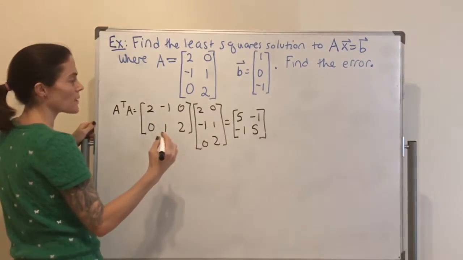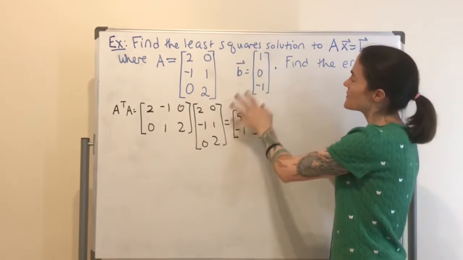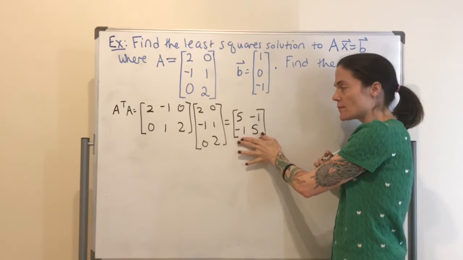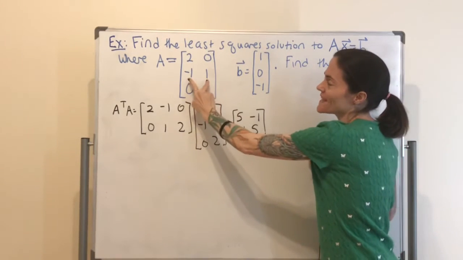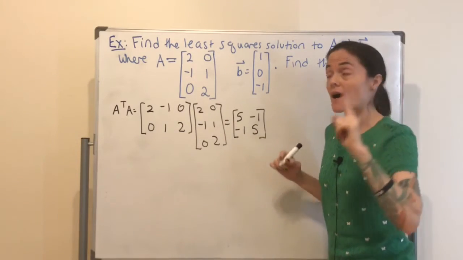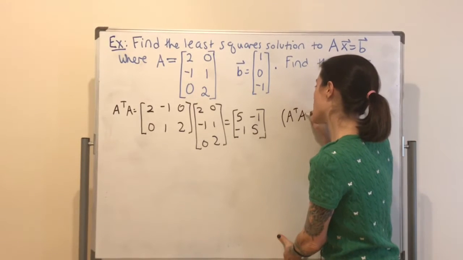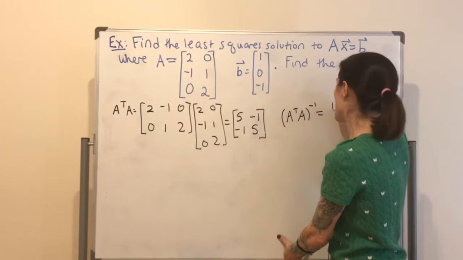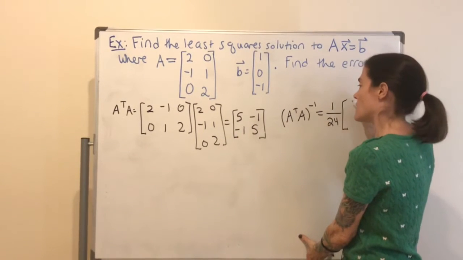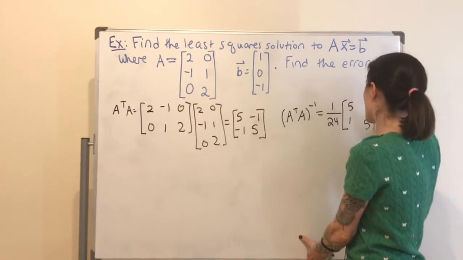And you know, I can already, if I wanted to, figure out the inverse, and I haven't even found A transpose B yet. I'll do that next. But you see, this is invertible, although I could have seen that based on our last discussion because the matrix A has linearly independent columns. Very nice. Well, A transpose A inverse is going to be 1 over 24 times 5, 1, and then we flip the diagonals, negative of the off diagonals.